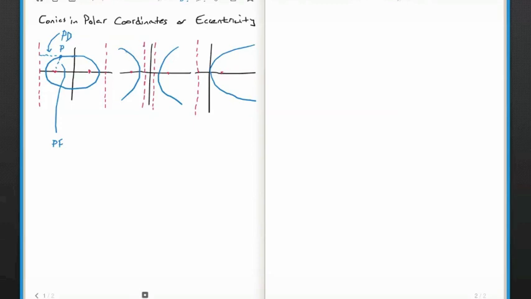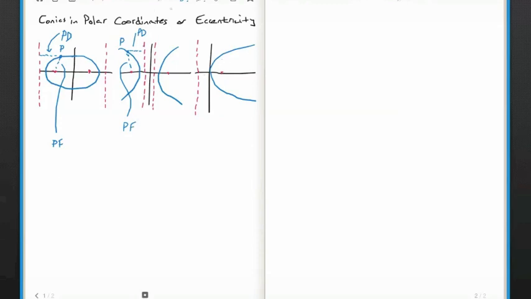Likewise, this one will have the same thing. What if I draw a dashed line here and a dashed line there? Same deal here. This is the point. This distance here is point to directrix, and this distance here is point to focus, and the same deal in the parabola.